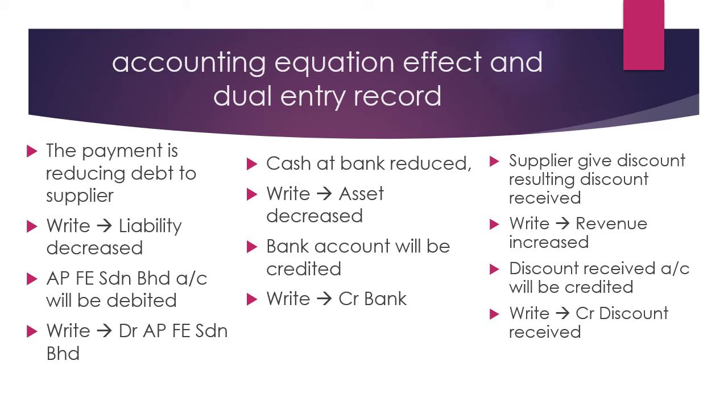That is the payment, the cash money that has been involved. And another transaction is actually the discount itself. So then you will record 90 ringgit in APF Berhad on the debit side, and you will credit a discount received account with 90 ringgit. So you actually have four effects.